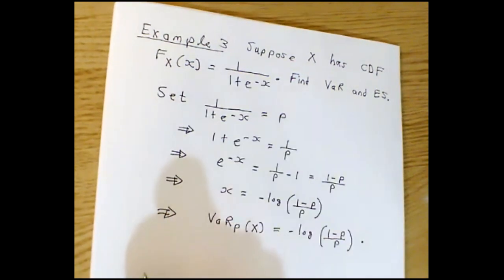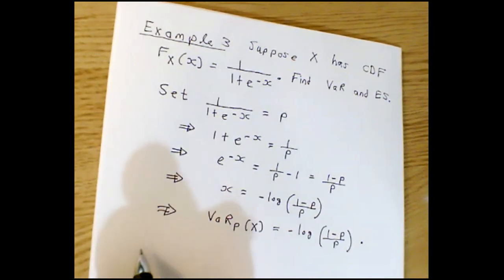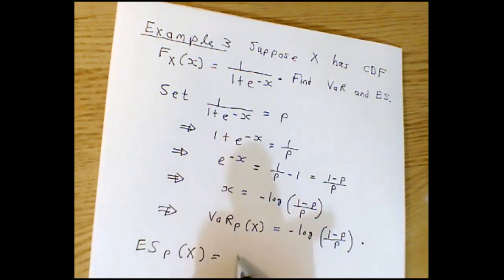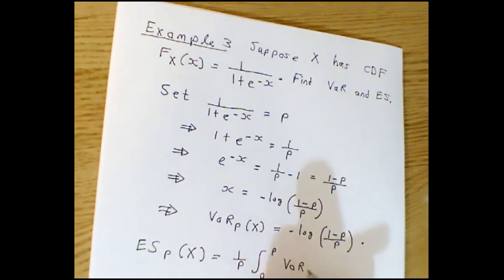Okay, guys. Now, to find the expected shortfall, you integrate, 1 over p times, you integrate the VaR, right?